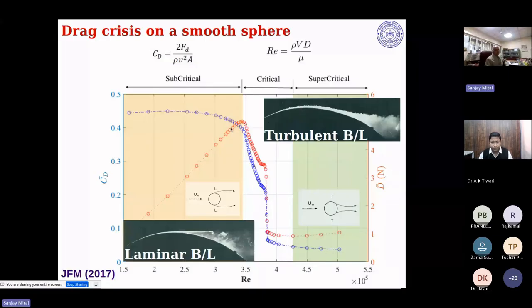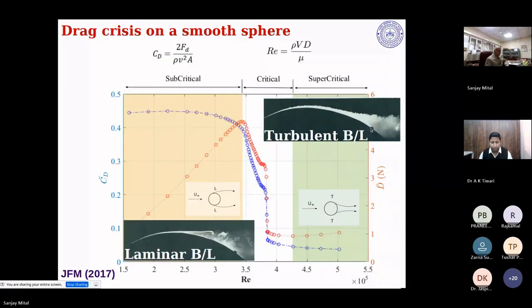And then in between, it goes through a drastic change. So we subdivide the flow regimes into subcritical, where the boundary layer is completely laminar. You can see here a laminar boundary layer just separates at the shoulder. And then it goes through this transition to a turbulent state. And a turbulent boundary layer is shown in this little view graph here. So you can see the disturbances, heavy mixing. But finally, the boundary layer separates far downstream, and that's why the drag is low.